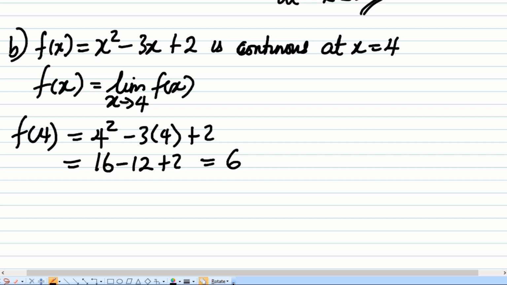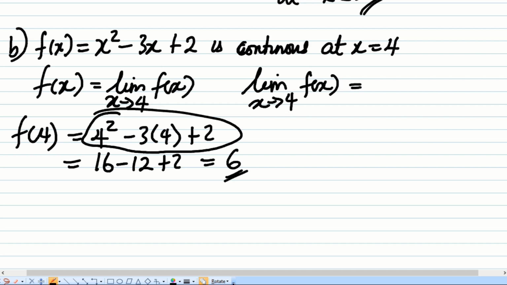And if we do the limit, so this one is one side. If we do the limit as x approaches 4 of f of x, notice that we can do direct substitution here. We're still going to get 6 because we've already done that. It's the same thing we're going to do. Okay, so we're still going to get the same 6. All right, so this one is very easy to verify.